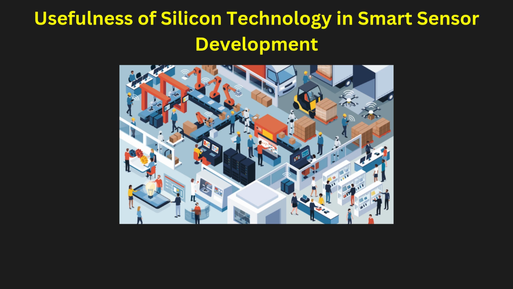Silicon sensors such as MEMS, micro electromechanical systems, have enabled the miniaturization of sensors for applications in healthcare, automotive, and industrial IoT. Integrated circuits built on silicon wafers provide the computing and communication capabilities needed for a smart sensor.